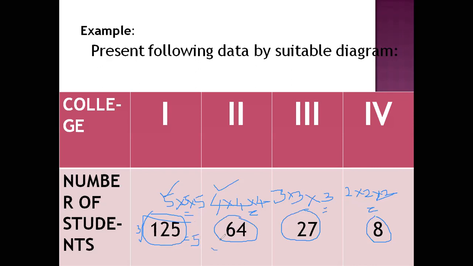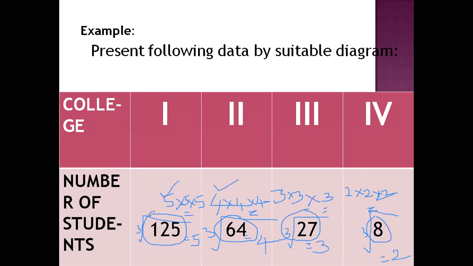Similarly, cube root of 64 is equal to 4. And cube root of 27 is equal to 3. And cube root of 8 is equal to 2.